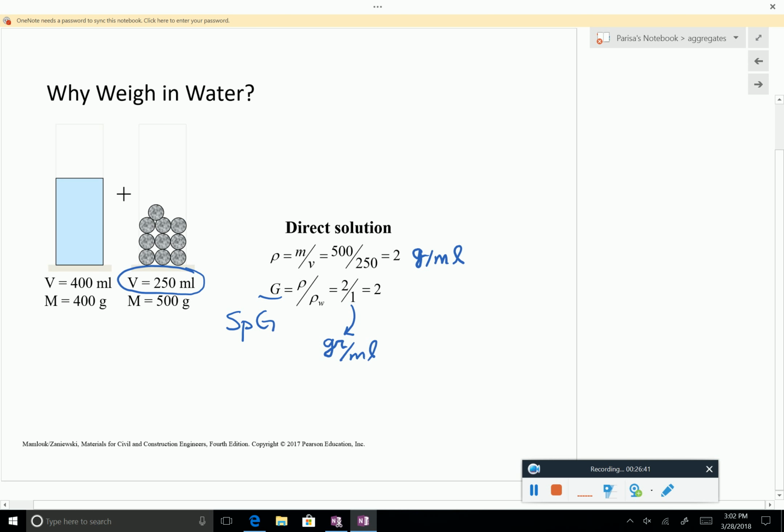So you would weigh your aggregates, and here, for example, 500 over 250 is 2 grams per milliliter. Then you would divide it by the density of water, in grams per milliliter, which is only 1, and you would get a specific gravity. This is in the ideal world.